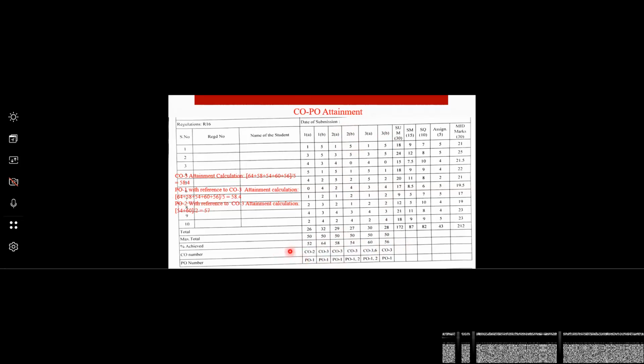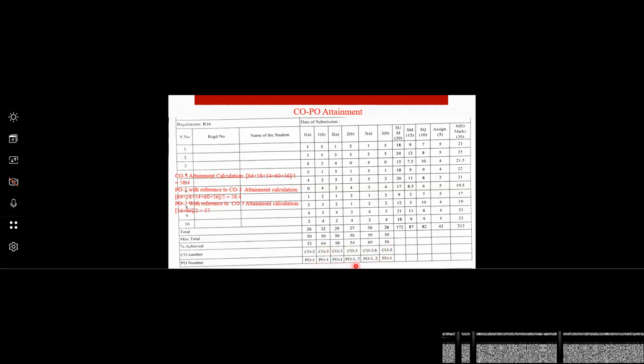This shows 1A is having CO2. Only 1A is mapped to CO2. But you can see 1B, 2A, 2B, 3A and 3B, the rest of all have CO3, course outcome 3 is mapped. Is it not? Similarly, you can see at the bottom the program outcomes.